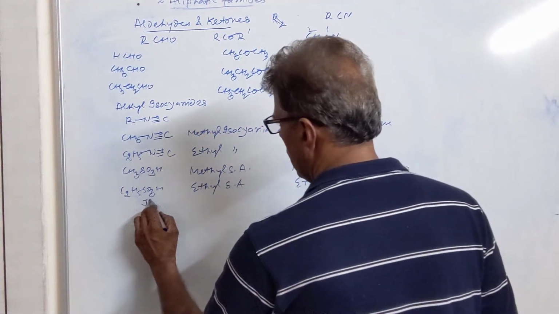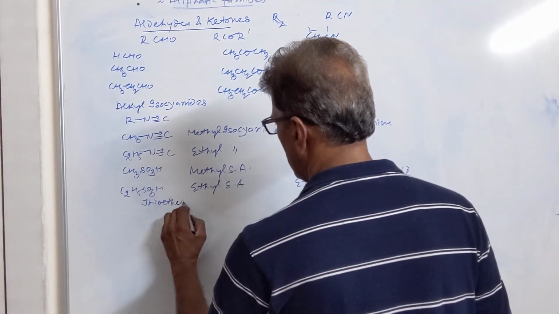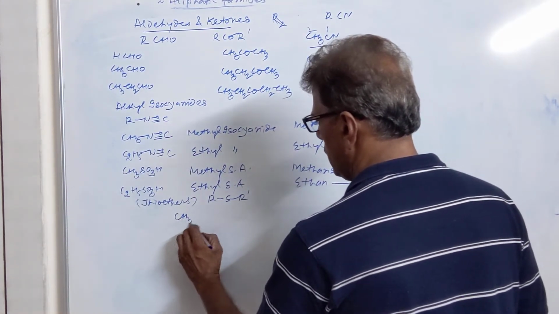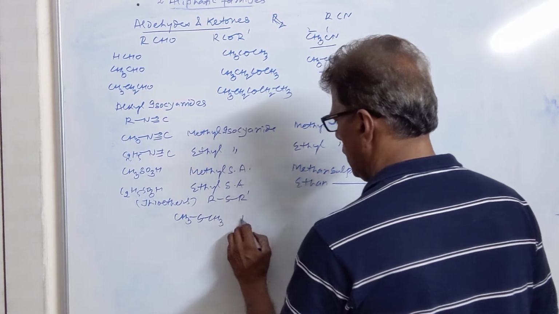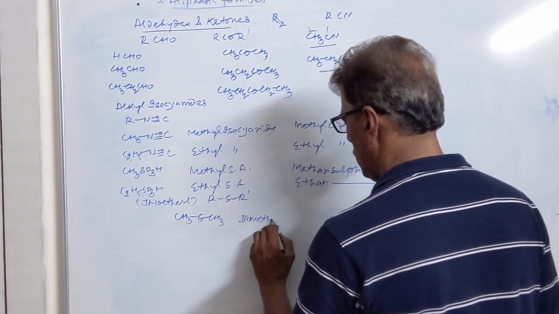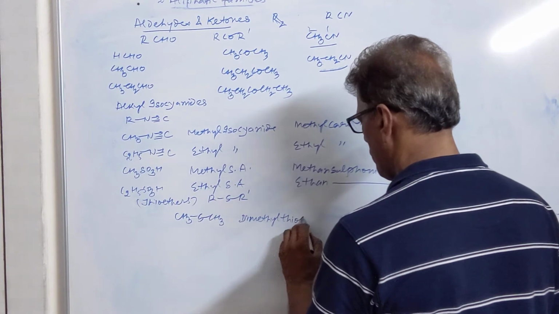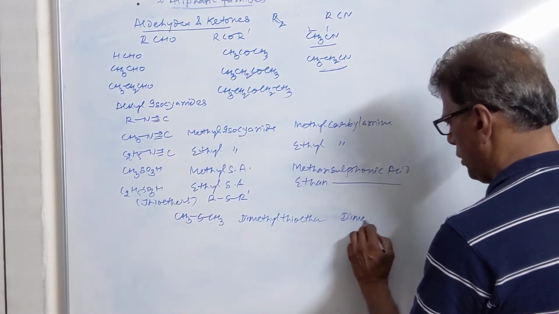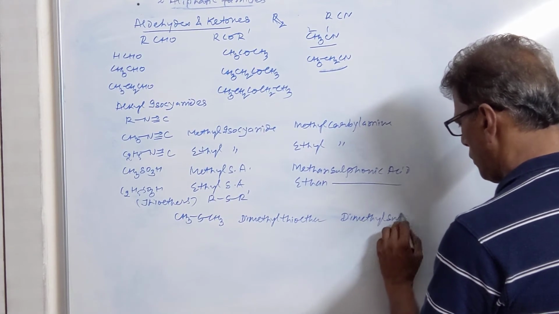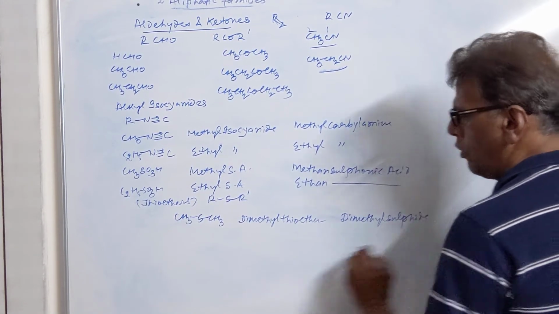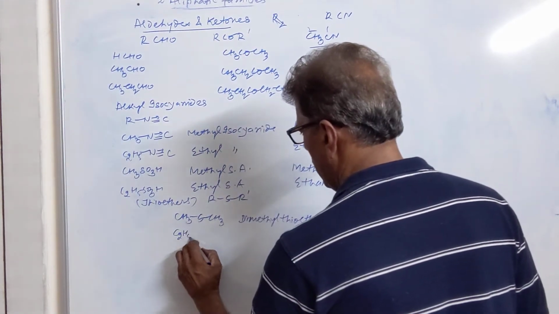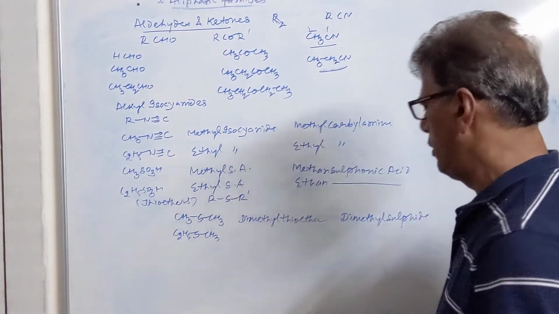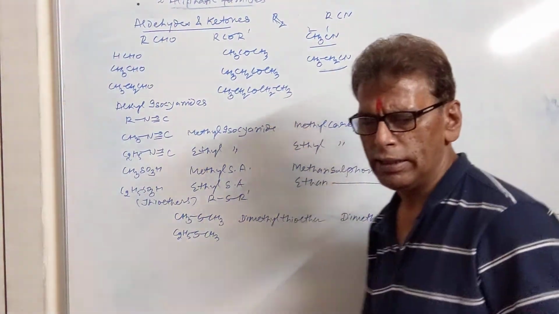Then we have thioethers, ethers of sulfur. They have formula RSR'. CH3SCH3, dimethyl thioether. IUPAC name is dimethyl sulfide. Then we have C2H5SCH3. This is ethyl methyl sulfide or it is ethyl methyl thioether.